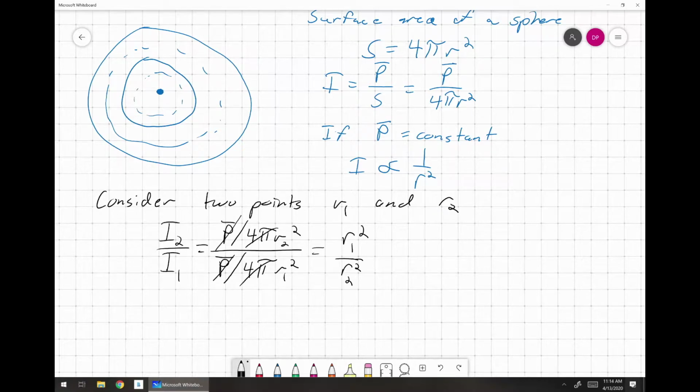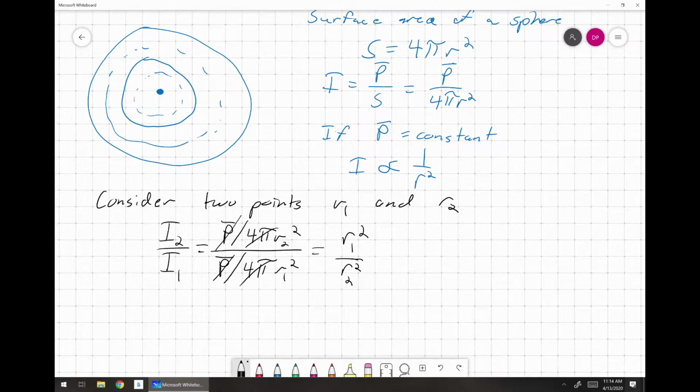So the intensity has to drop off inversely proportional to that surface area. And this will happen even if you have a medium where you don't have any dissipative forces acting on the material. So if you have no forces between the particles of the medium, then you would have no dissipation, but you would still have the energy being spread out over a larger area, so the intensity has to drop off.